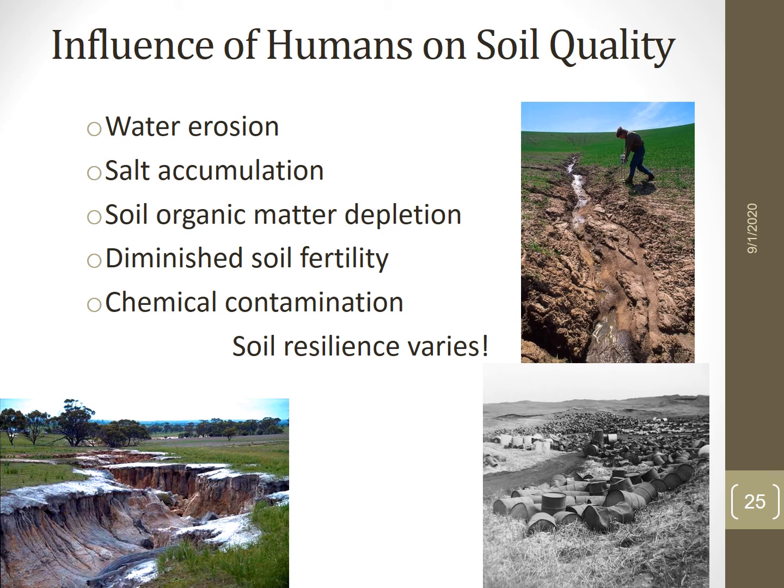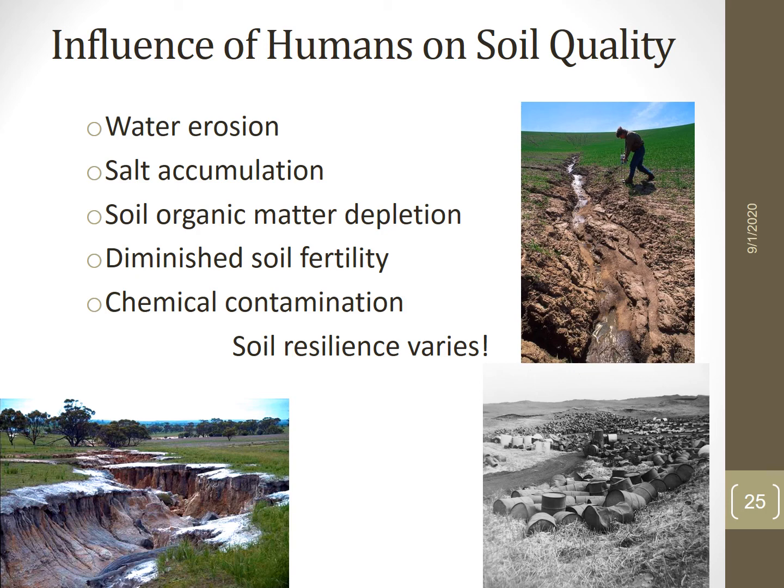We have an influence on soil quality, humans do, and soil quality is generally, literally, the quality, the usability, the value, the resource, the usability of the soil for various purposes, okay? And our influence has been maybe we degrade soil quality because of water erosion or salt accumulation from over-irrigating, from soil organic matter depletion from overcropping it, diminishing the soil fertility.